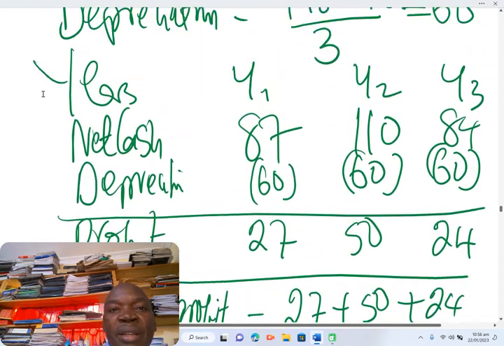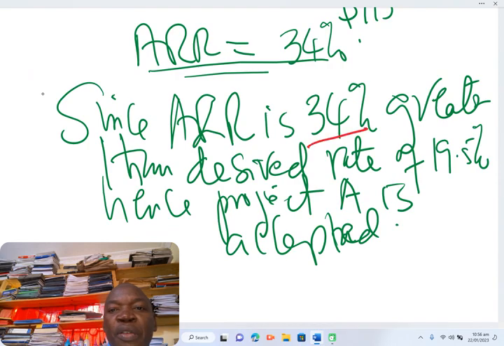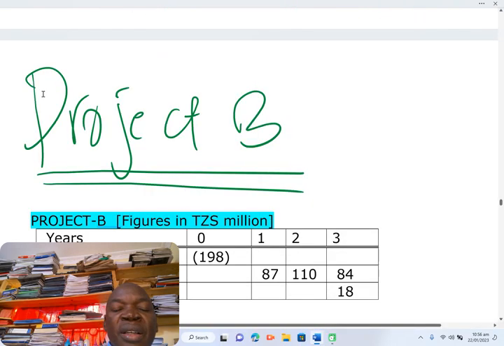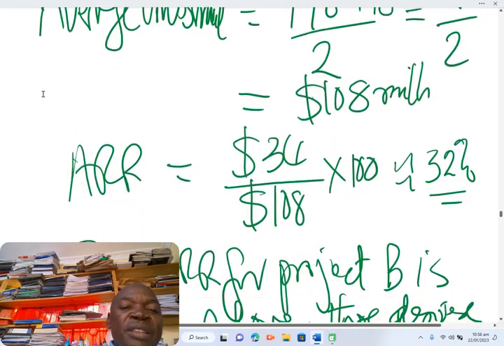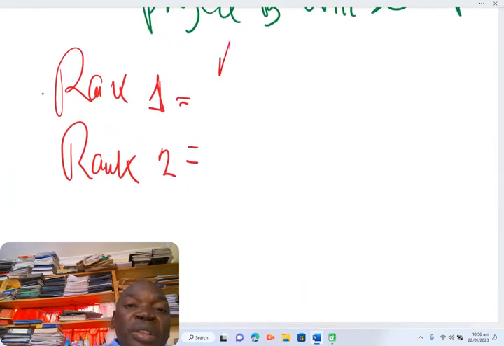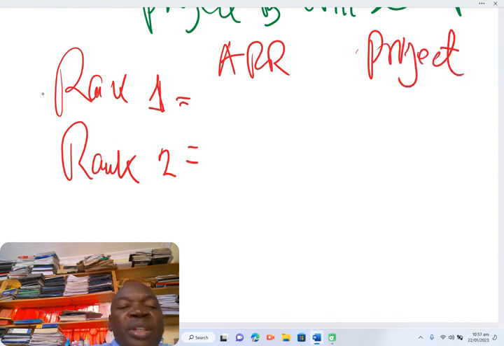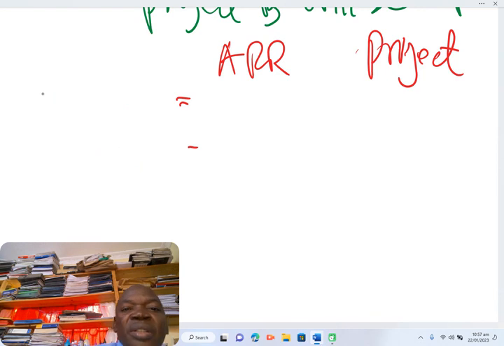Project A had an IRR of 34, required rate of return is 34. So IRR and so project implementation.